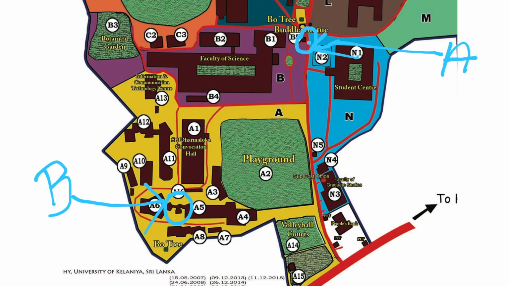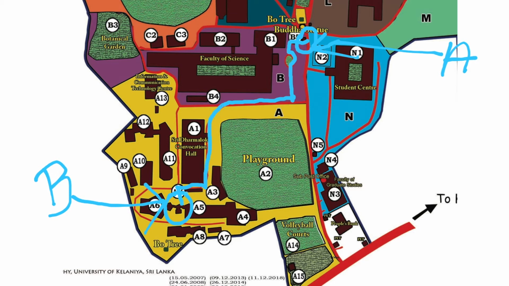You can guide that guest to take this path and come towards the ground, and then from that T junction you can ask your guest to go towards the Y junction at the end of the playground. Then you can ask him to take the left from the Y junction. Then you can ask him to go up to the pavilion, then take the left turn, and then you can reach the Department of Statistics and Computer Science.